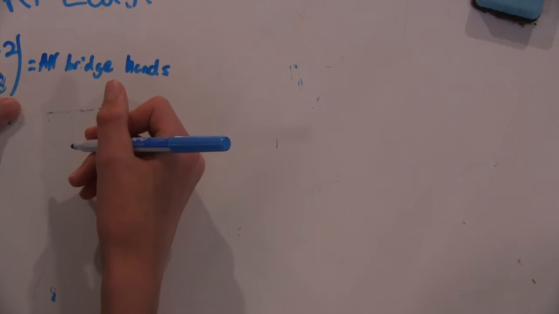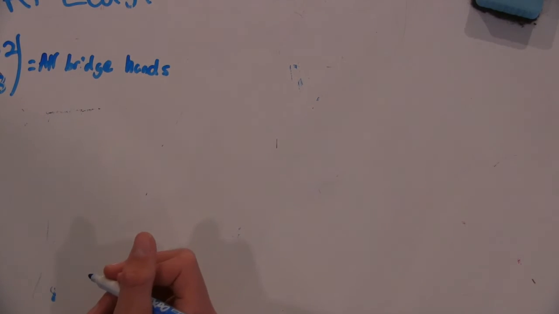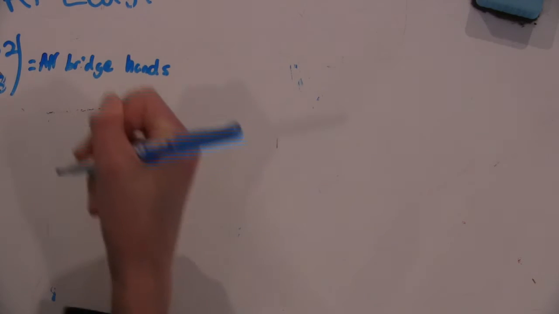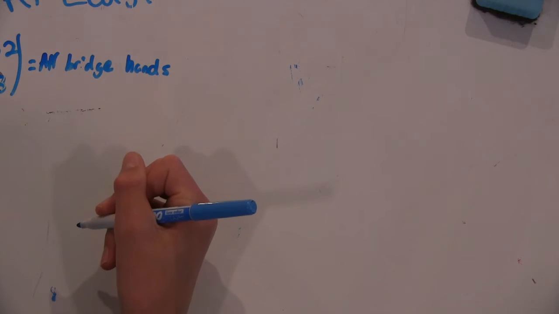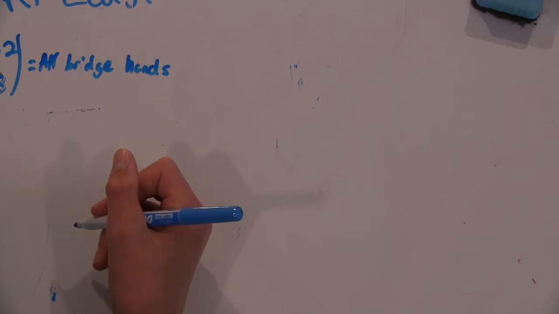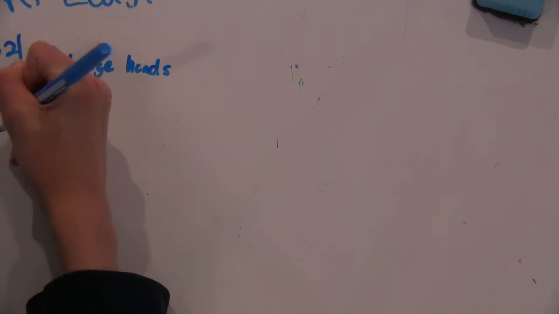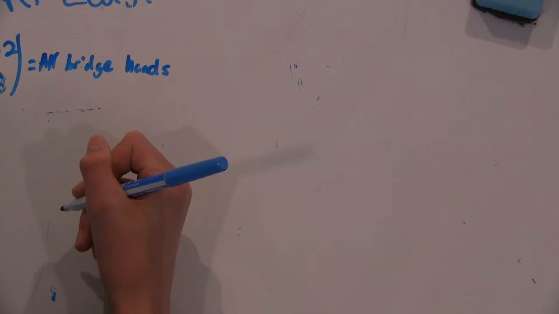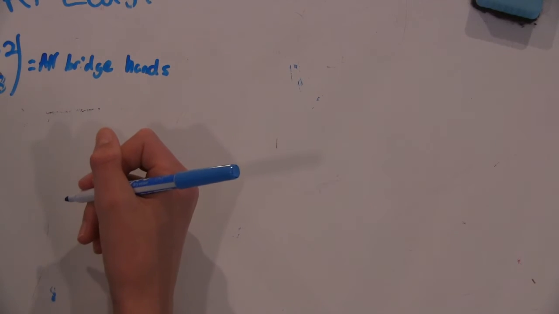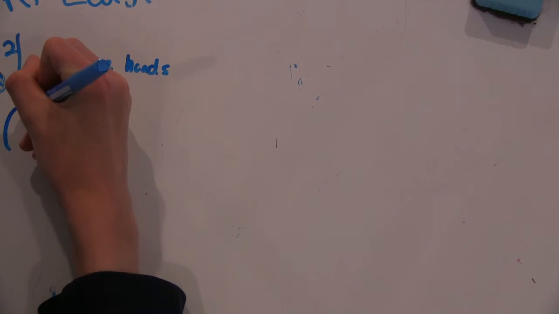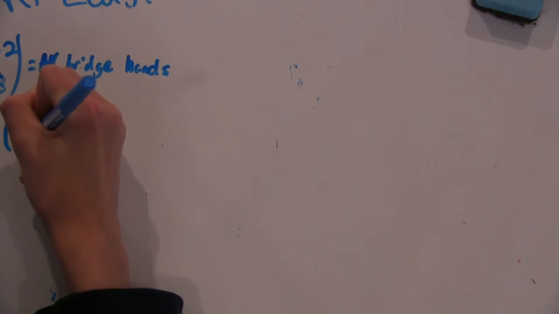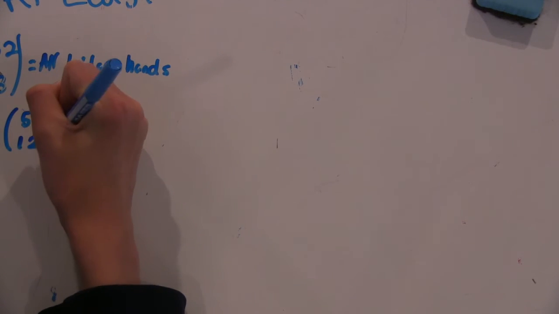Looking at the ace of spades, it's just one specific card. So that's fixed. Say if we have it in the first card position, it would be 1 times, and then the rest of the cards you choose randomly. So 51 choose 12. Okay, good.